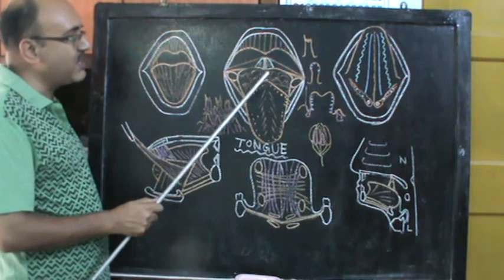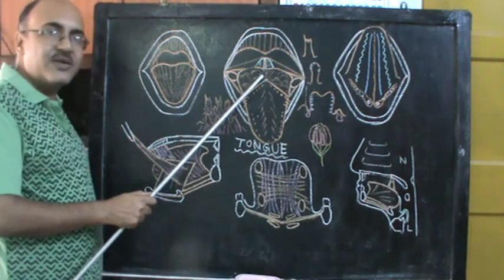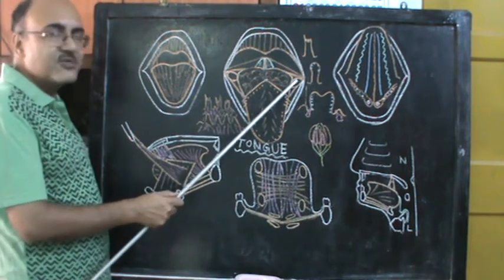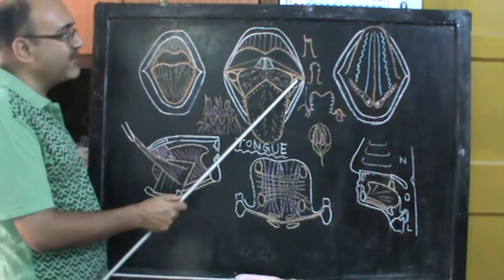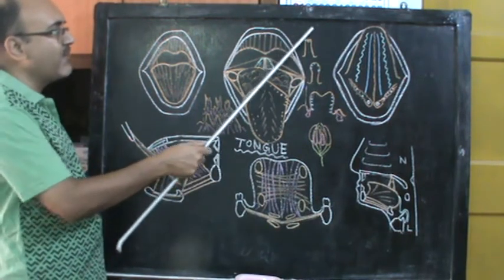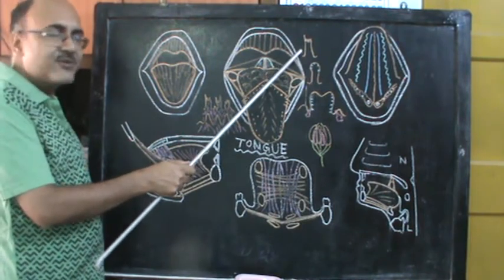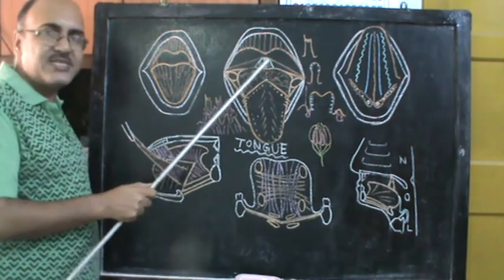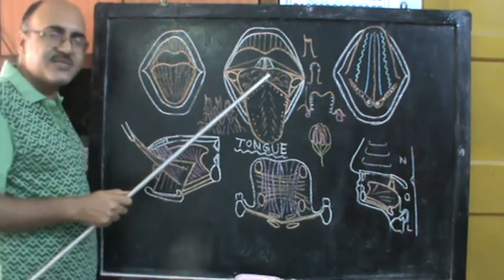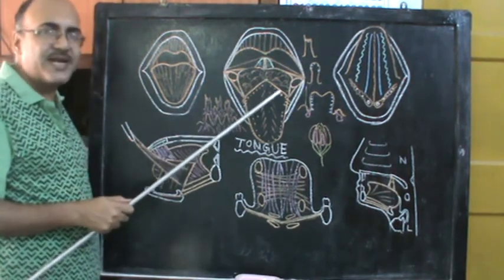So in the posterior 1/3 of the tongue you have the lingual tonsil, on the sides you have the palatine tonsil, and somewhere here where the auditory tubes are opening up behind, you have the tubal tonsil, and on the posterior pharyngeal wall high up you have the nasopharyngeal tonsil, what we call the adenoids.